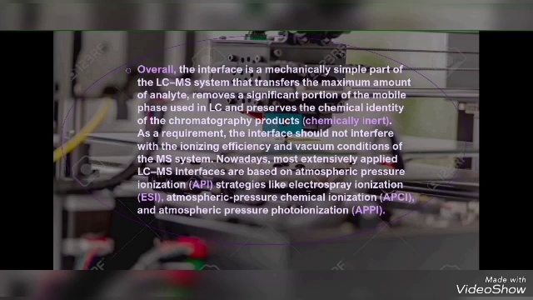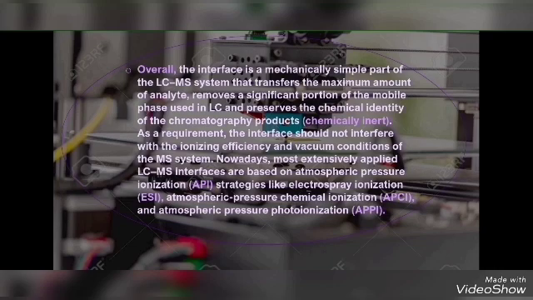Overall, the interface is a mechanically simple part of the LC-MS system that transfers the maximum amount of analyte, removes a significant portion of the mobile phase used in LC, and preserves the chemical identity of the chromatography products, being chemically inert. As a requirement, the interface shouldn't interfere with the ionizing efficiency and vacuum conditions of the MS system.